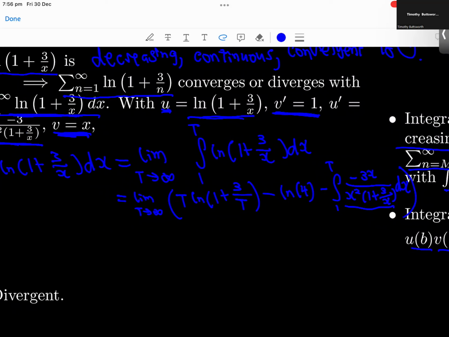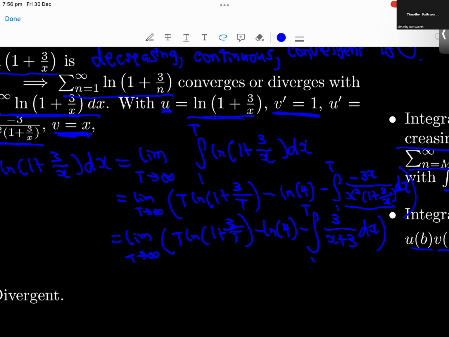Well, continuing on and simplifying a little bit, the limit as t goes to infinity of t times ln of 1 plus 3 on t, minus ln of 4, minus, I won't integrate yet, I'll just simplify, cancel some of the x's. What I end up with is 3 divided by x plus 3 dx.